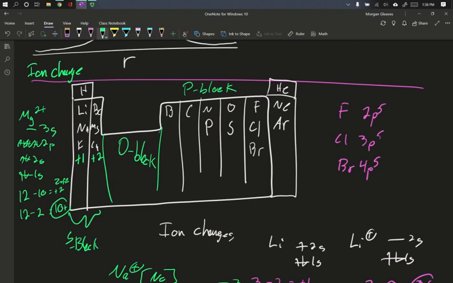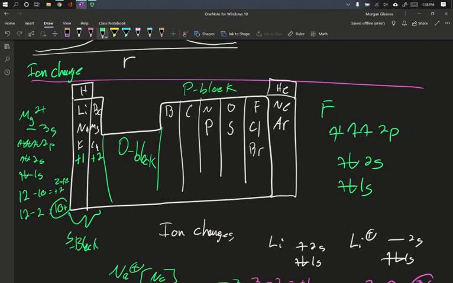If we go far over to the carbon, the nitrogen, the oxygen, the fluorine, as we go farther right on the periodic table, we don't expect these to be cations. They don't tend to lose electrons. Why is that? If we think about fluorine, let's go to the extreme end of it. Fluorine is 1s2, 2s2, 2p5, 9 electrons.